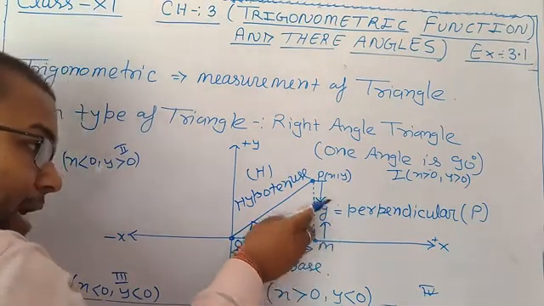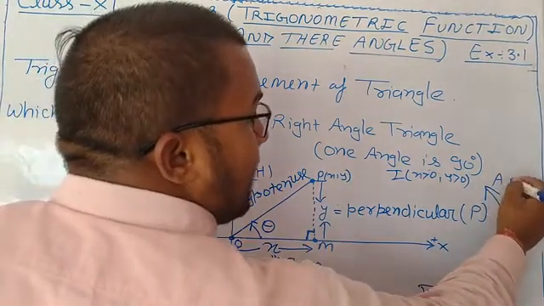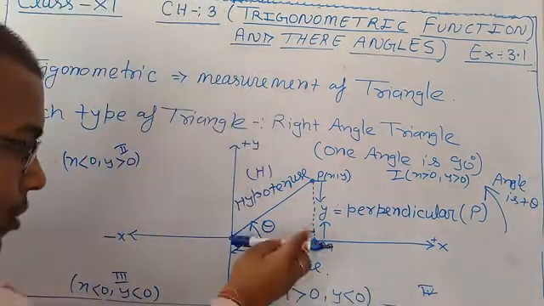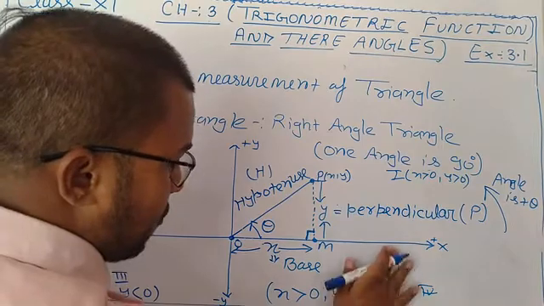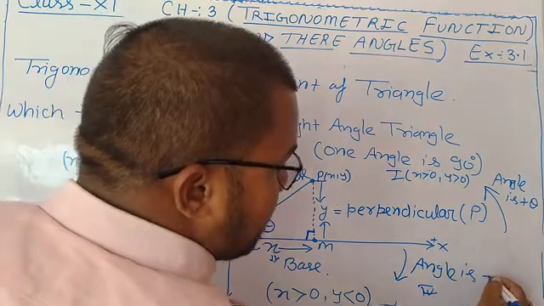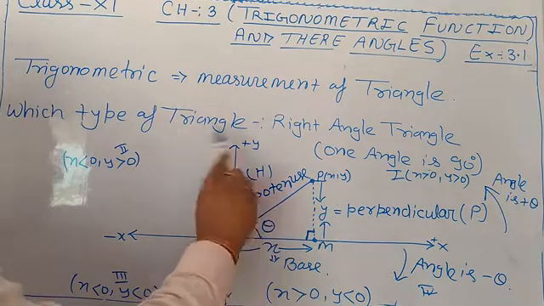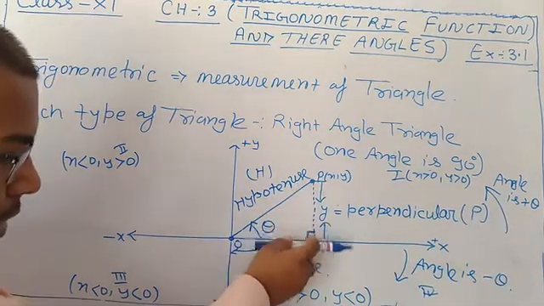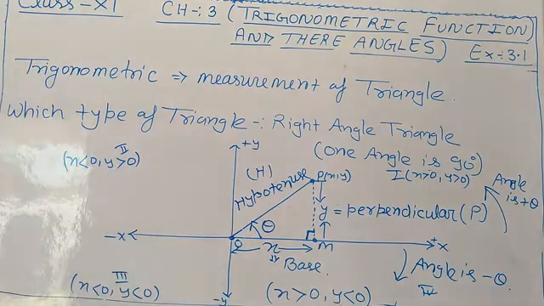When the OX axis moves anti-clockwise, the angle is plus theta, and when it moves clockwise, the angle is minus theta. Very, very important, students. Okay students, write them.